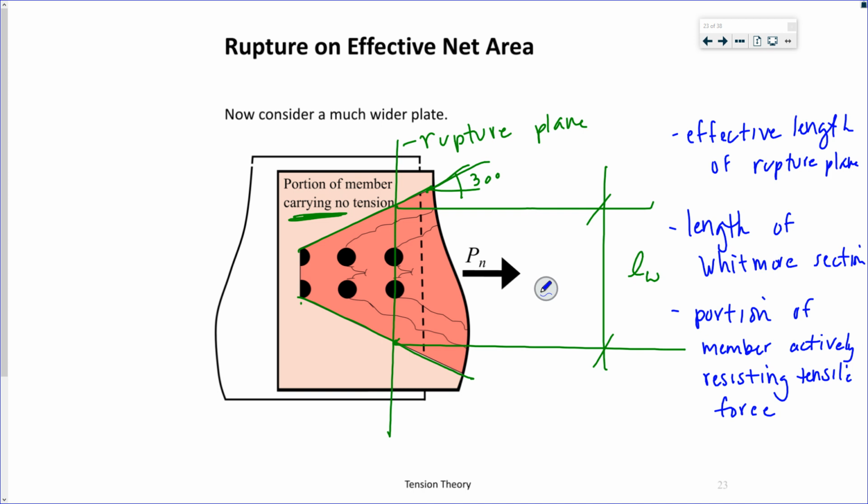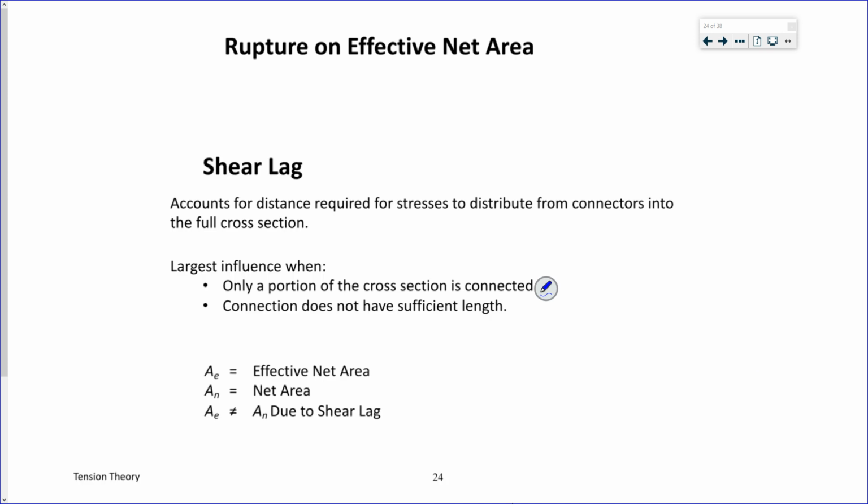So if I have a really wide connection, especially compared to its length, not all of the member is actively resisting the tensile load at where I would have my rupture happen at that lead bolt line. And so we have to account for that. And that is known as shear lag.